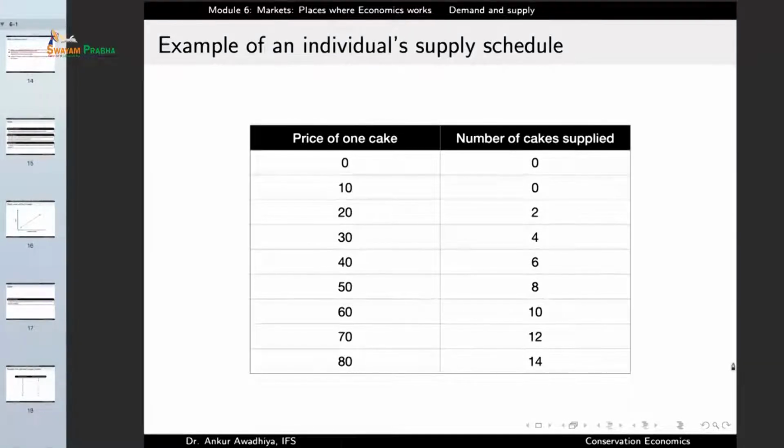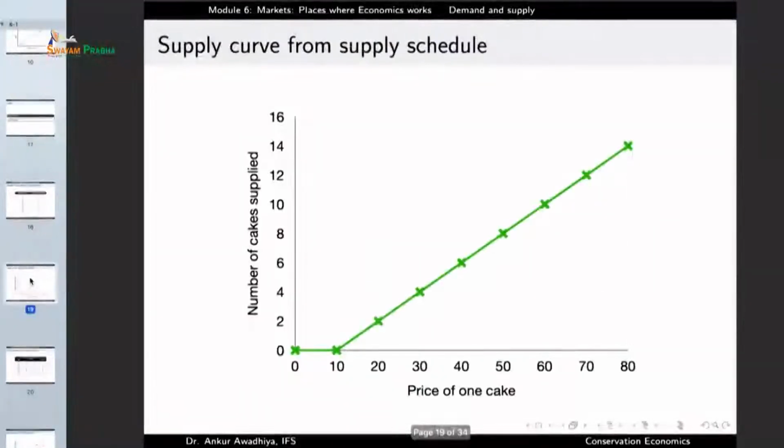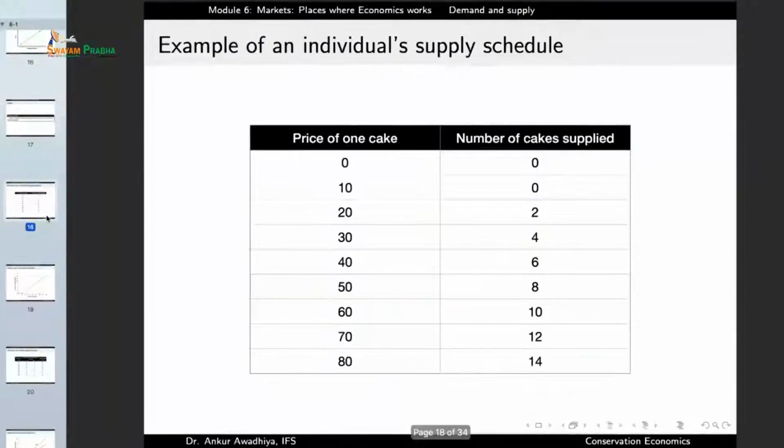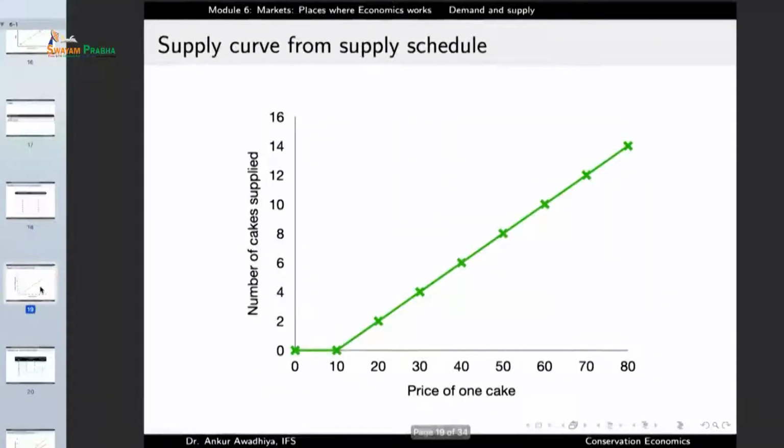So even though by supplying more and more number of cakes, the seller can maximize his profit, he also has a dearth of time. So the number of cakes that he supplies at any price will not go to infinite. And we can use this supply schedule to make a supply curve. So here it is showing that as the price of the cake increases, the number of cakes that are supplied also increase.